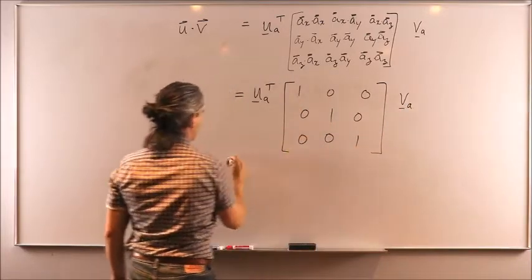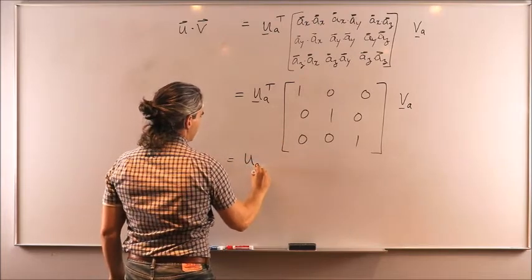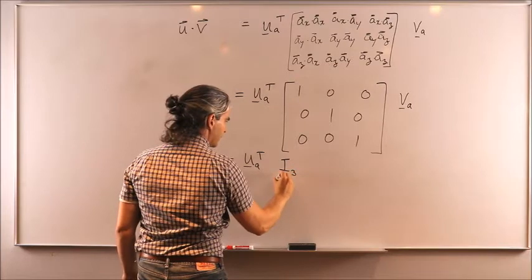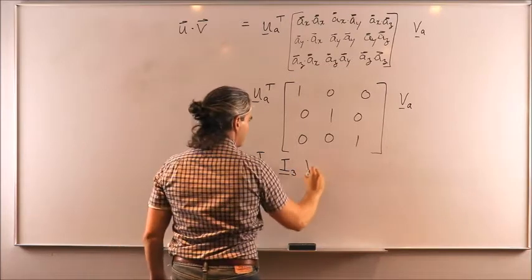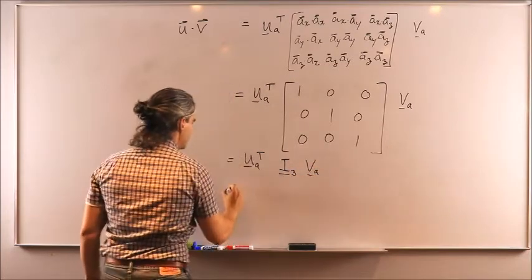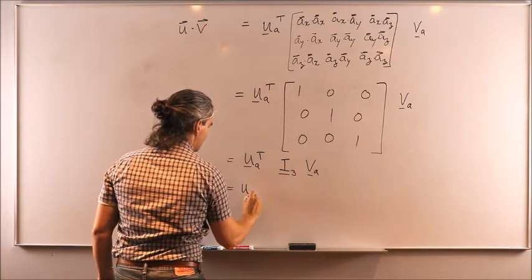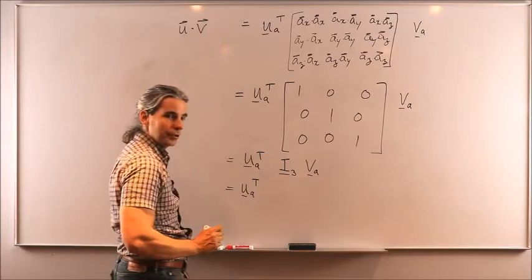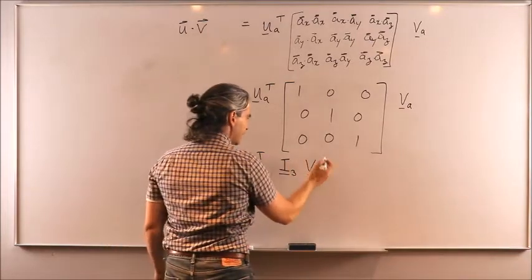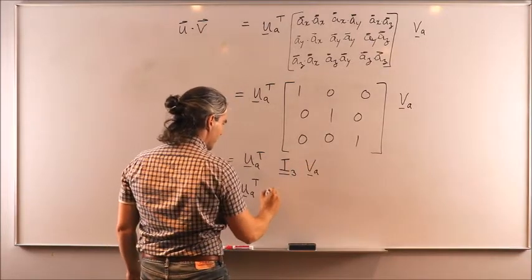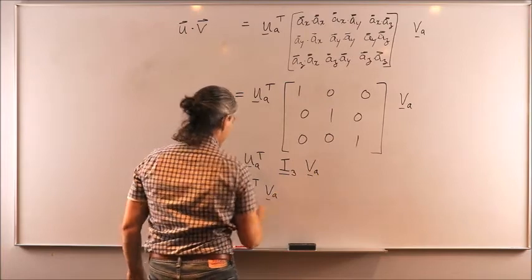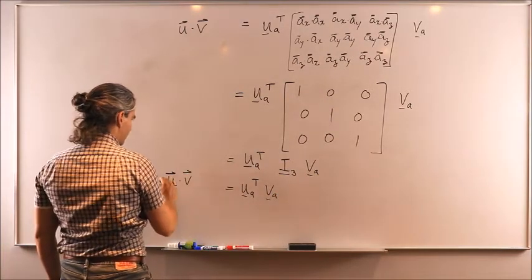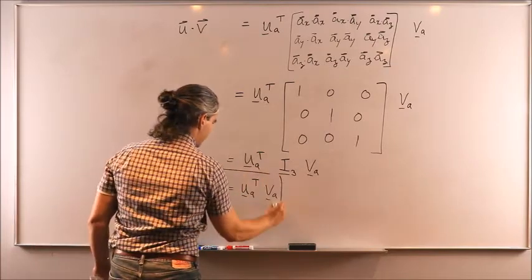Now this happens to be your 3x3 identity matrix times VA. And we saw in the previous lecture that when an identity matrix multiplies a 3x1 matrix, all you get at the end of the day is just the matrix itself, 3x1. And boom, that is the result here.